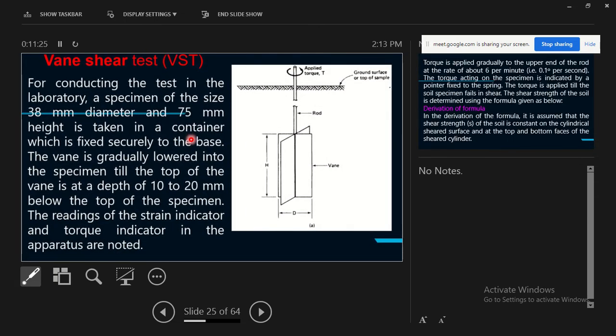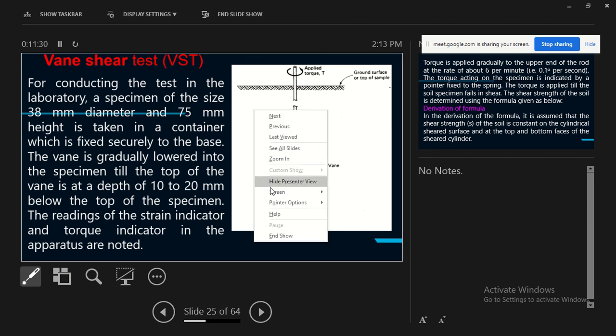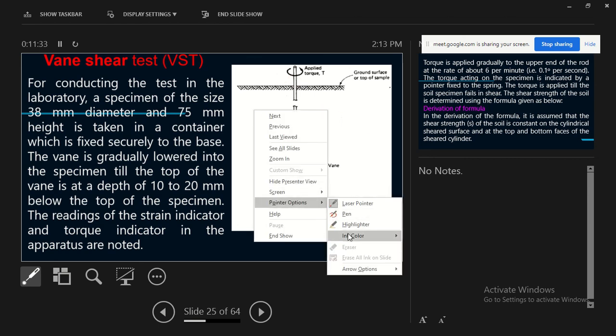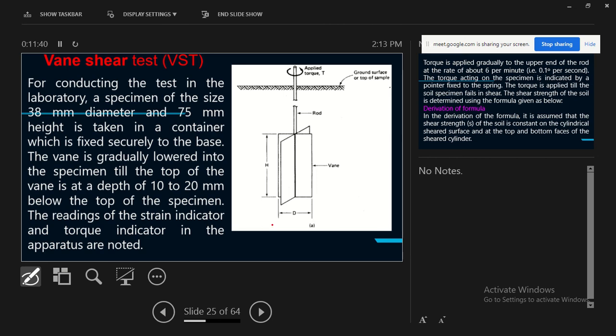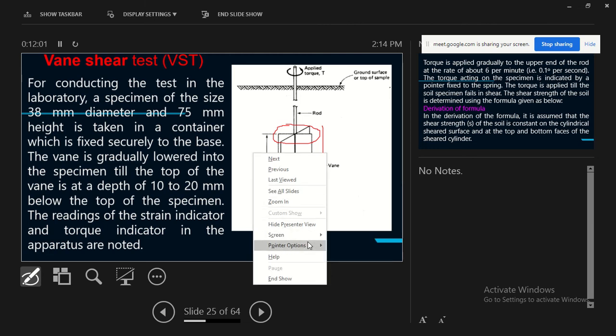It is a simple formula really. First of all, the strength is contributed by the circular section on top, and also the cylindrical part.